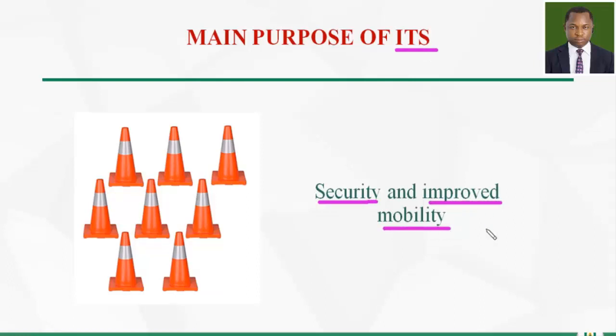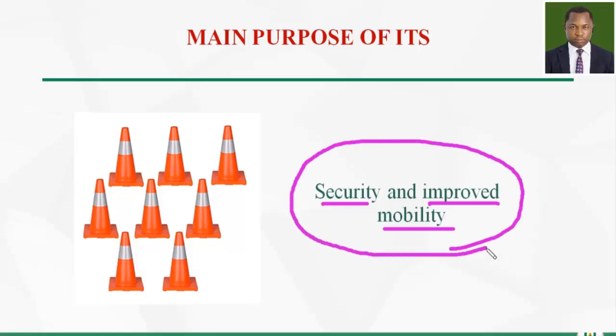It is to ensure that there is adequate security on the roads, and that the flow of traffic is seamless. It is good enough for the road users. There is the free flow of traffic. People can move easily while using the road. So two essential purposes: security on the one hand, and the other to improve mobility. This is the main purpose of ITS.